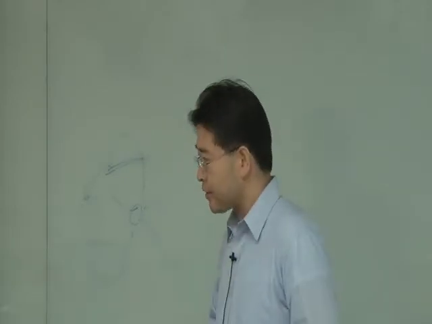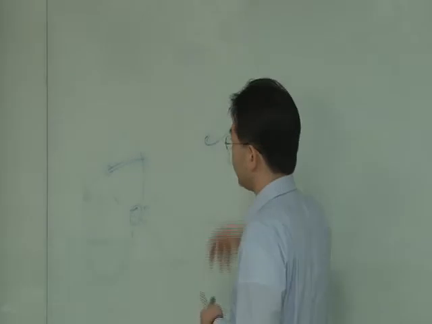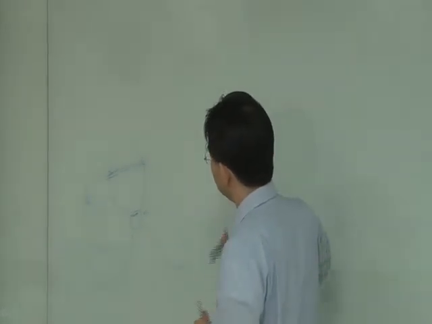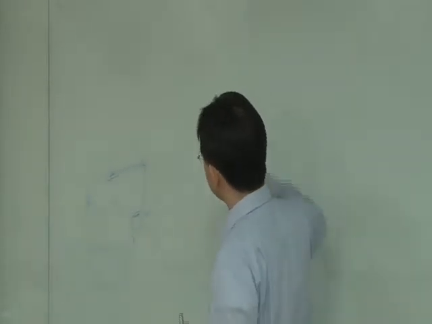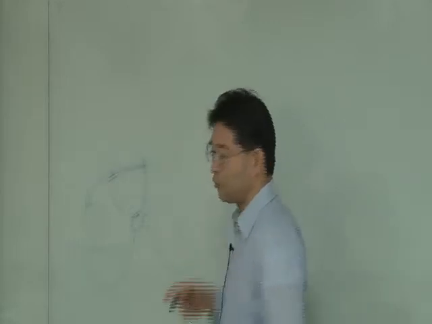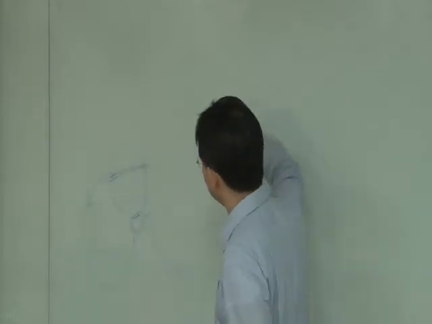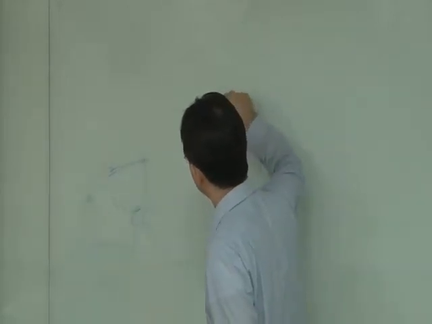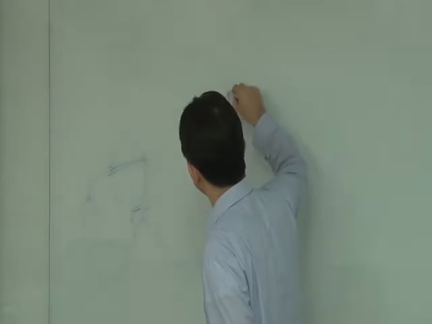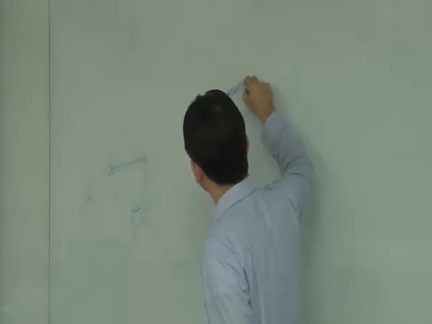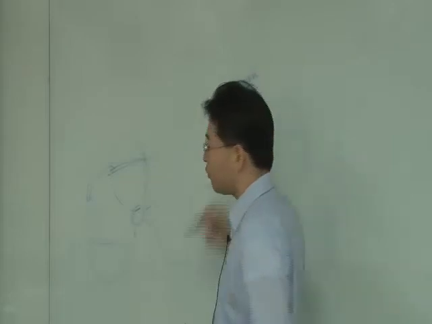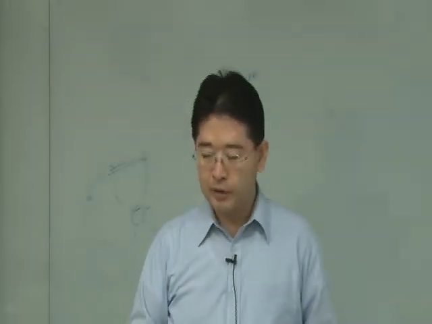The problem is when the speed of the blade is high, it will cause a pressure drop. So low pressure appears here, and in low pressure, the water starts boiling.